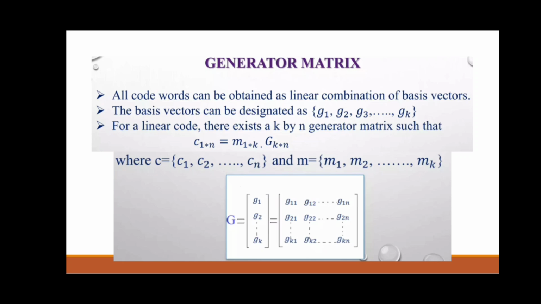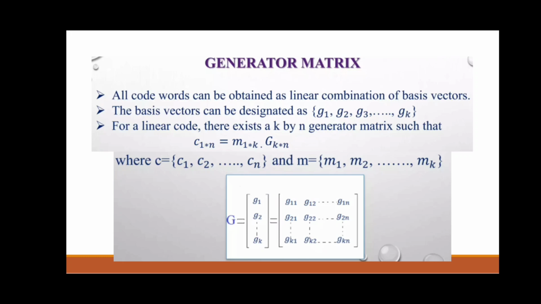We use a simple formula for converting the message bits into n bits: C is equal to M into G, where C is the code word we will get after coding, M is the message bits, or you can say the message which we want to code, and G is the generator matrix.